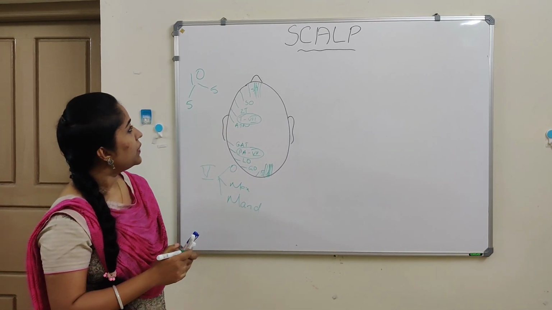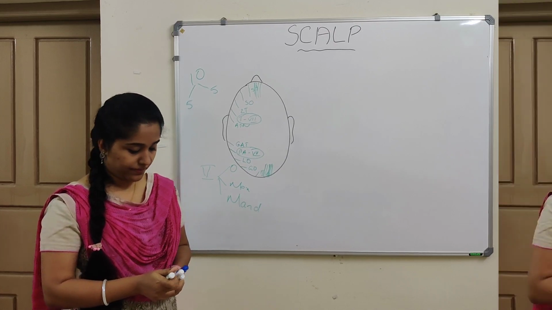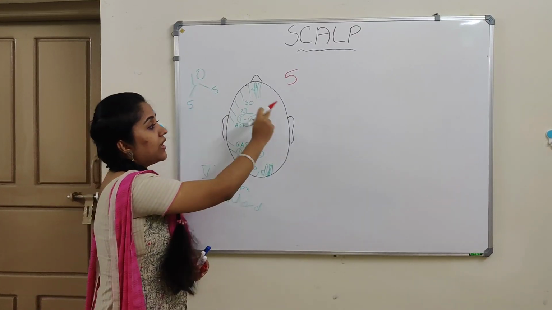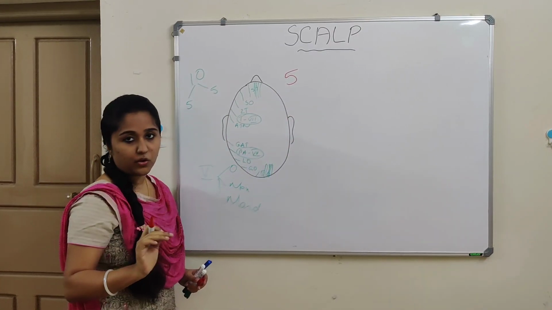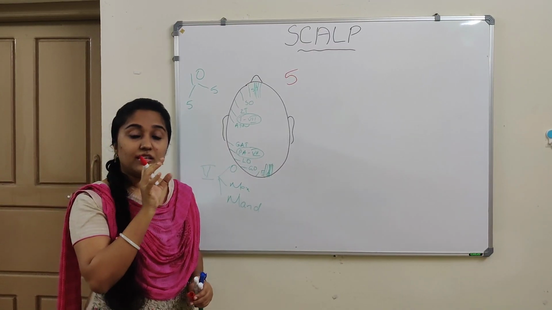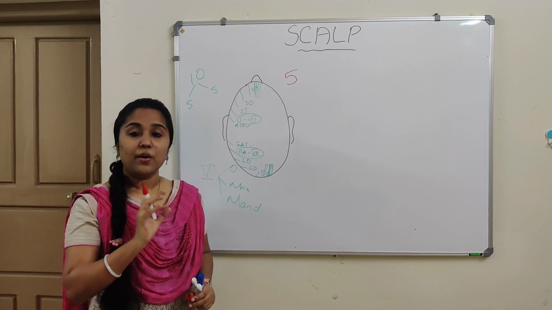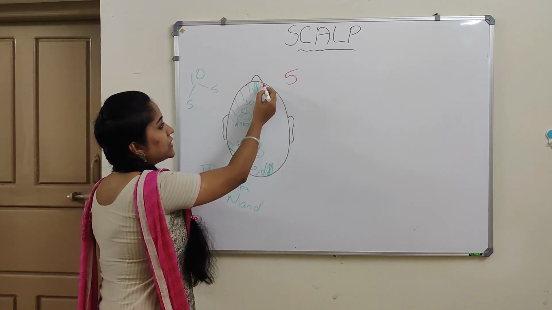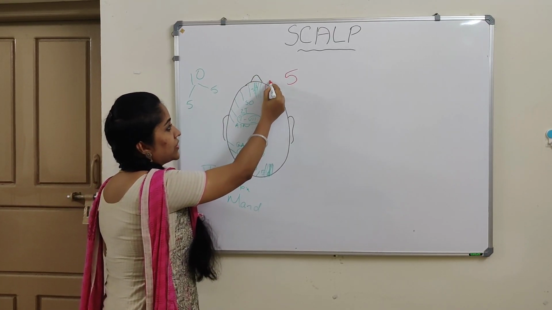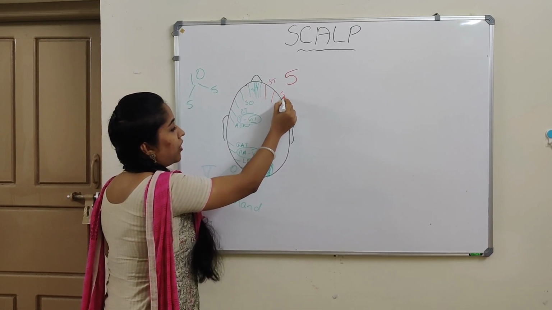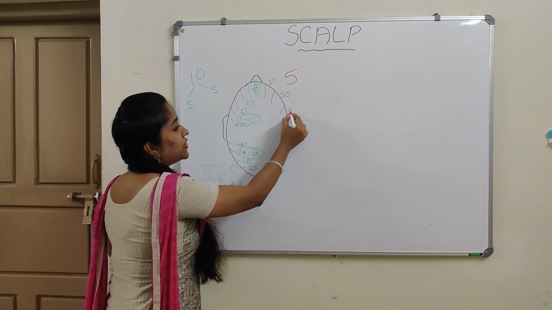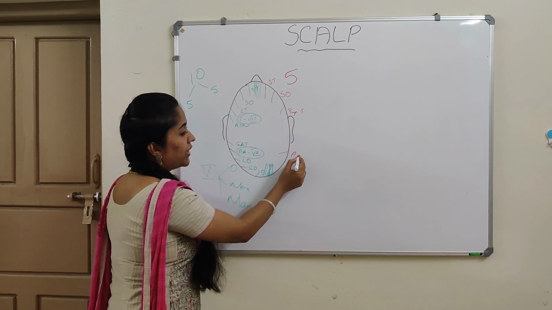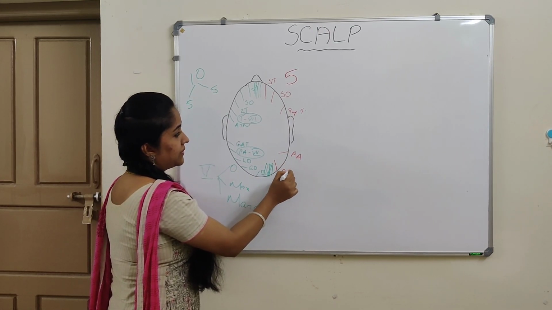Now we see the arterial supply. The arteries are 5 in number. 3 are in front of the auricle, 2 are behind the auricle. The peculiarity is that here there is a wide communication between the branches of the internal carotid and external carotid arteries. From before backwards, the first is the supratrochlear artery, then the supraorbital artery, then the superficial temporal artery, then behind the auricle we have the posterior auricular artery, and then the occipital artery.